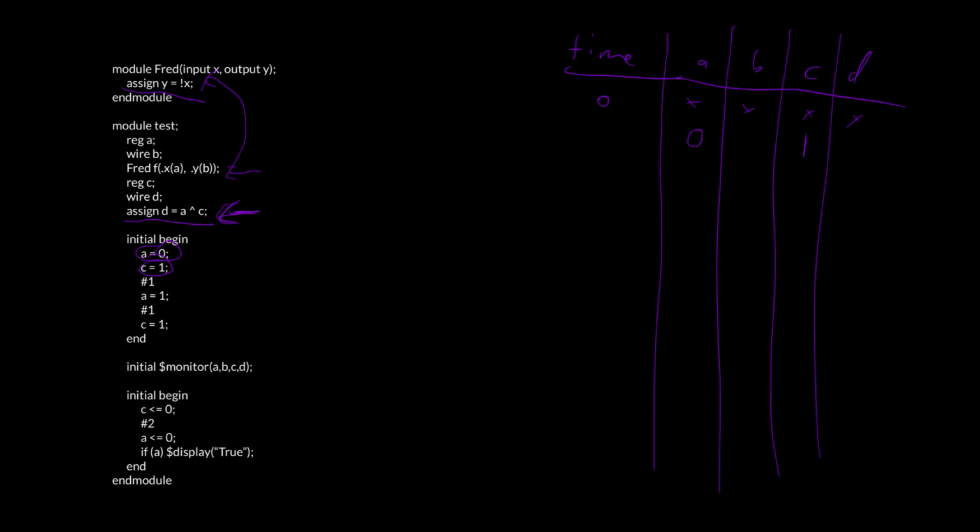So had I already done this assign statement before, I'd have to do it again when I change the value of C. But since we decided not to do the assign statement first, then I just have a to-do note to do it, and I can do it now, or I can do it after the monitor, or after this non-blocking assignment, or after this assignment up here. In terms of this process though, it's going to be suspended.